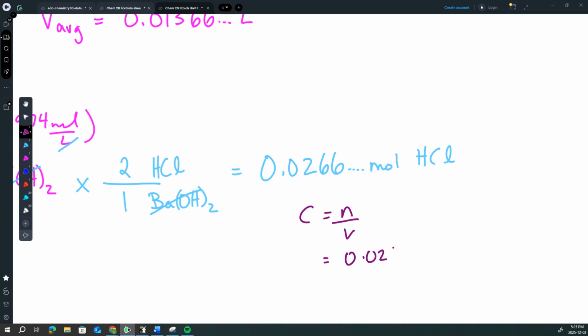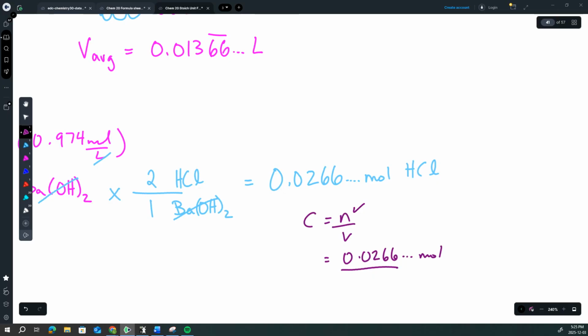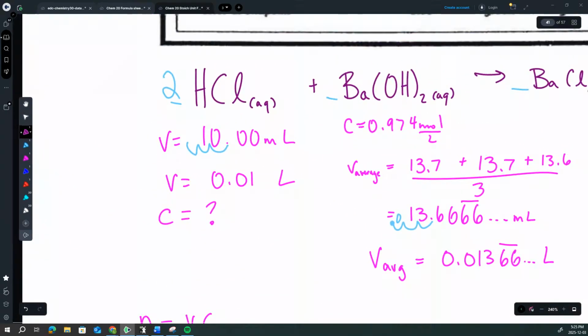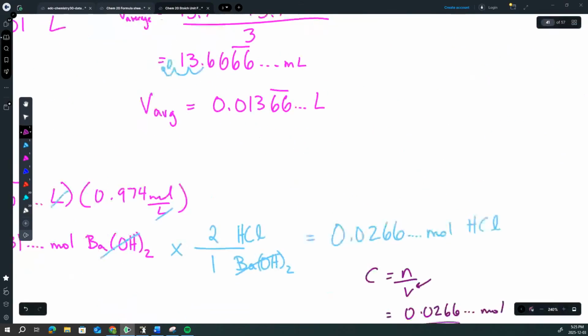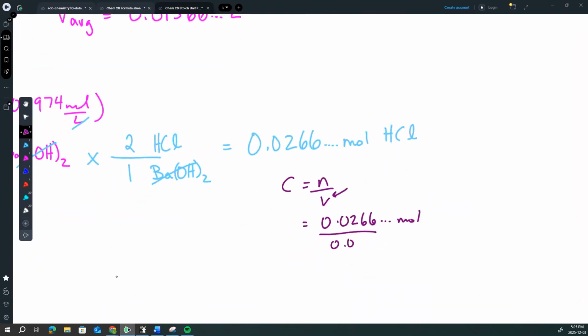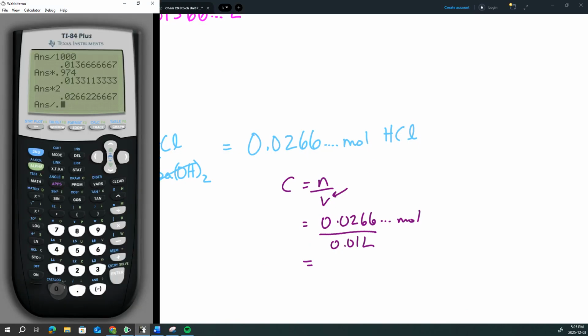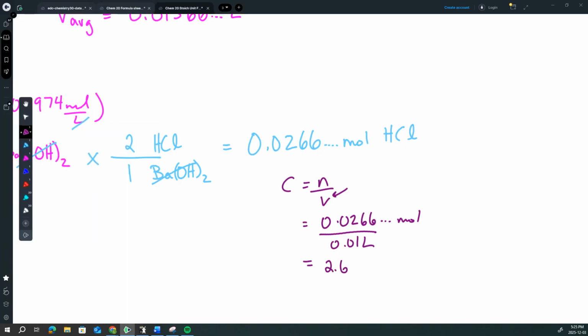That's what we're going to do here. Taking that unrounded number of 0.0266, goes on forever, moles divided by, so moles belonged to hydrochloric acid, volume also needs to belong to hydrochloric acid. So the volume was 0.01. So that's going to give us 2.662, goes on forever.